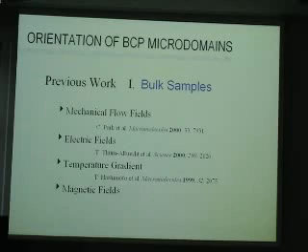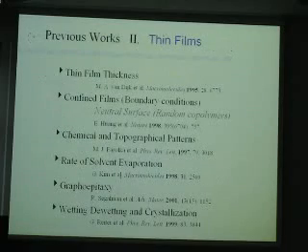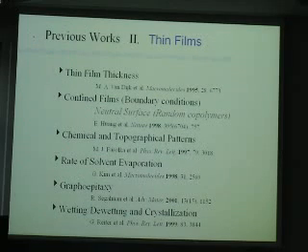But if you're interested in thin film application, which I'm interested in, we have to consider the surface property. Because in thin film we have a huge amount of surface area, so somehow we have to control the surface area. Usually surface interaction is dominant to control the orientation.